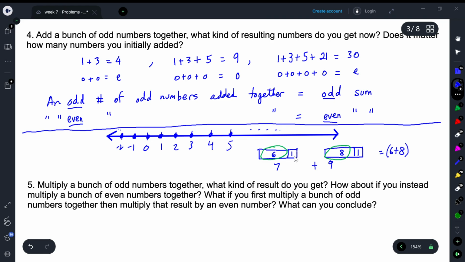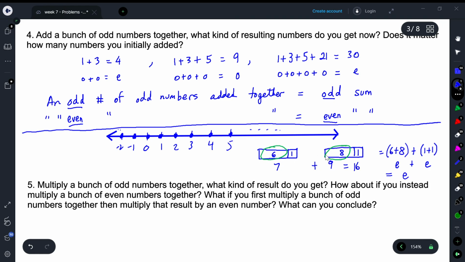What else do we have to add? We still have to add 1 plus 1. But 1 plus 1 is 2, which is an even number. So in the end, notice we are adding an even sum, 6 plus 8, plus another even sum, 1 plus 1. And so from our previous result, we know that even plus even is going to be even. And of course, 9 plus 7 is 16.